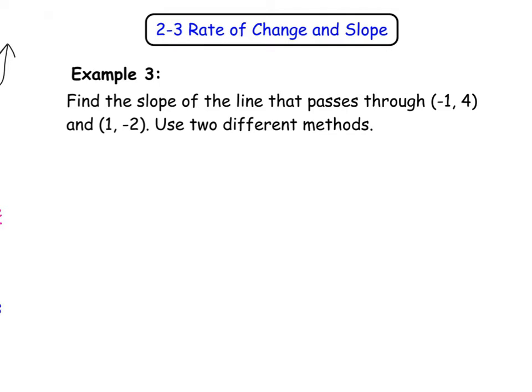So let's start out with using the formula. My slope is y2 minus y1 over x2 minus x1. I'm going to say this is my first point. This is another reason why it really doesn't matter which one you start with, as long as you start with the same one in both the numerator and denominator, because I could have labeled this one x1, y1.